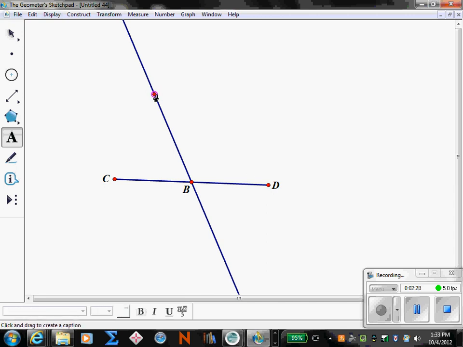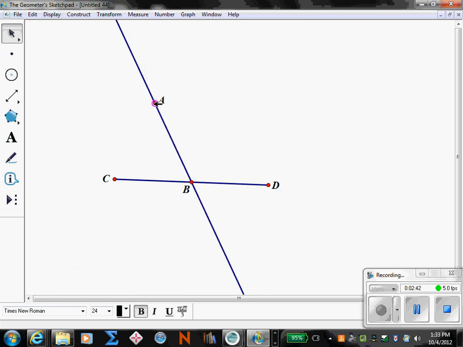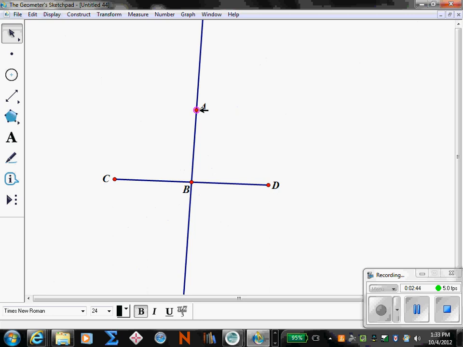Now I can go back to my pointer and pull this, oh, my A went away. Go back to my pointer and I'm going to drag A. Doesn't matter the angle that it makes, it is still a segment bisector.